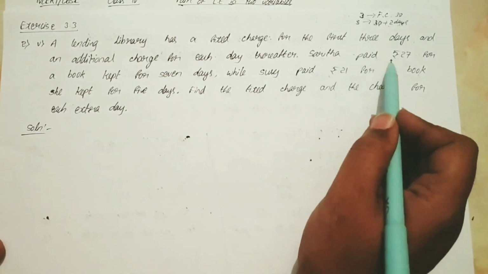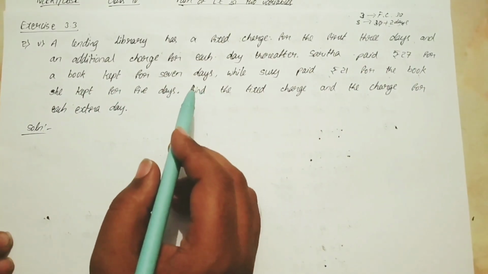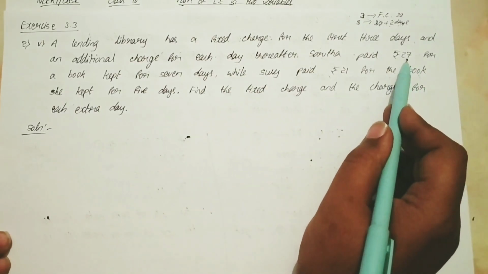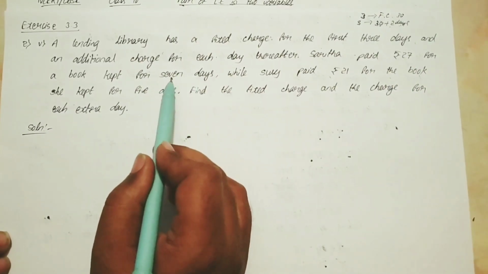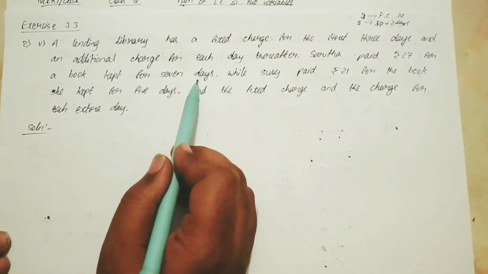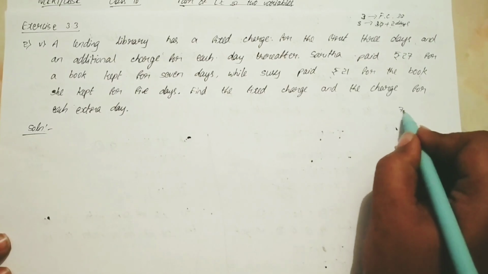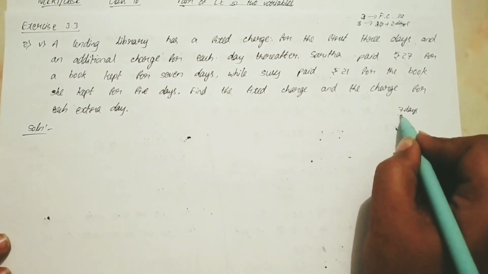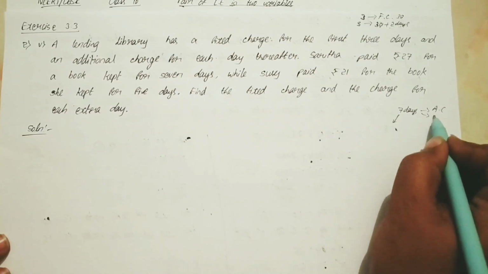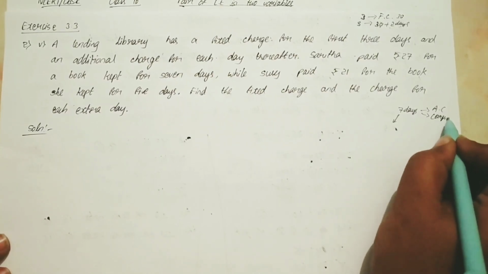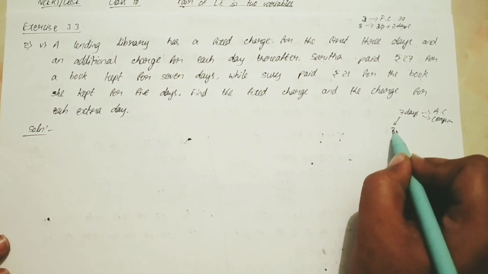So Saritha paid rupees 27 for a book kept for 7 days. Saritha paid how many rupees? 27 rupees. For how many days did she keep it? 7 days, right? So these 7 days include the fixed charge and charges for the additional days. The fixed charge is for the first 3 days.